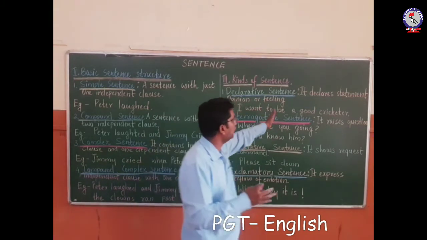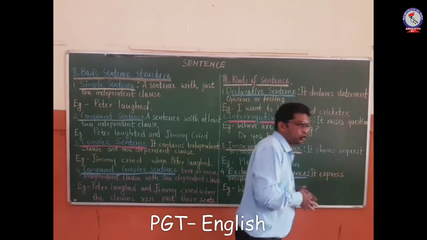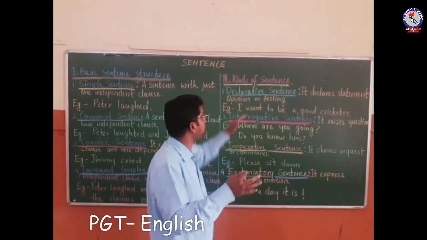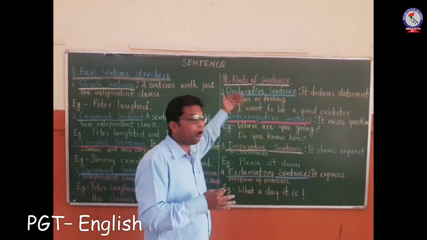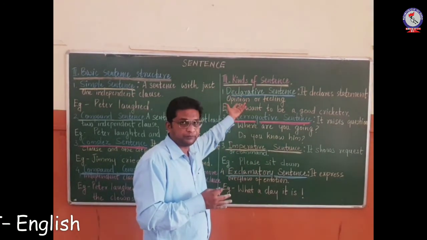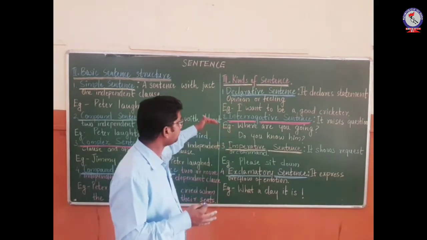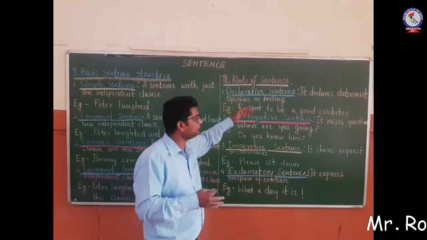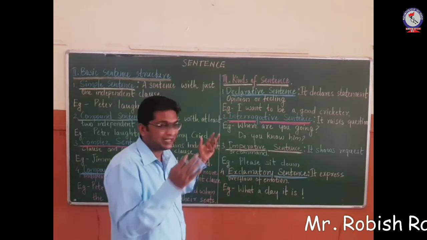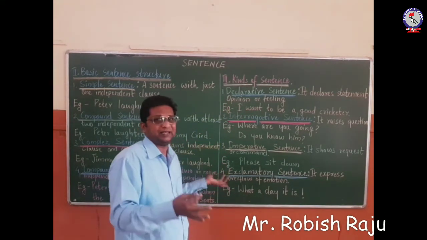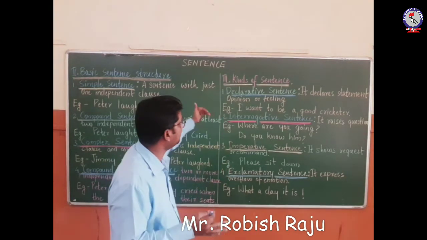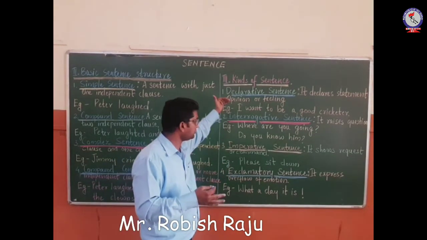I want to be a good cricketer. It is a statement. Declarative sentences are also called assertive sentences. So, I want to become a good cricketer. It is a statement. It is an opinion as well. So, this is a declarative sentence.